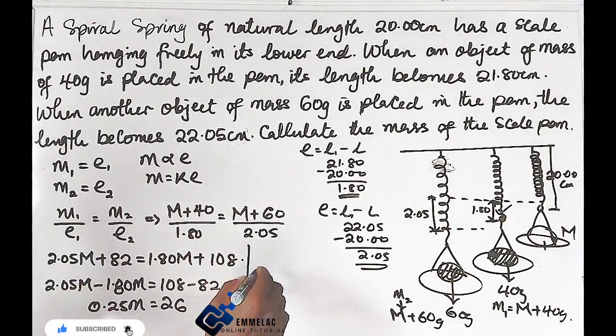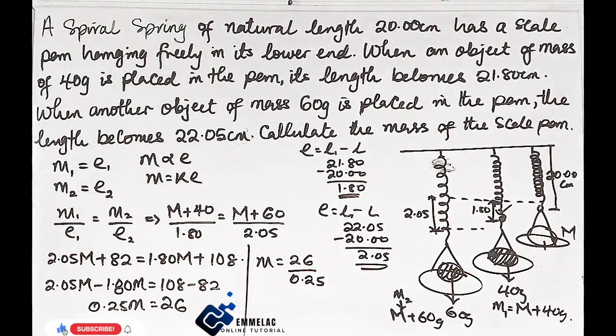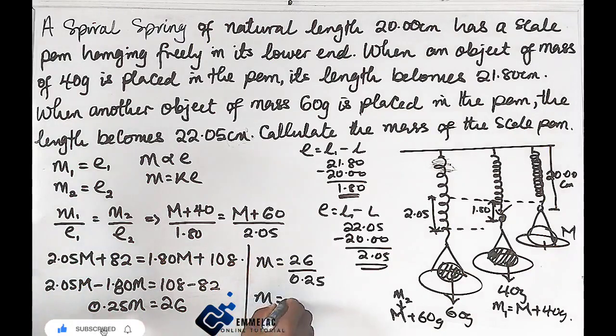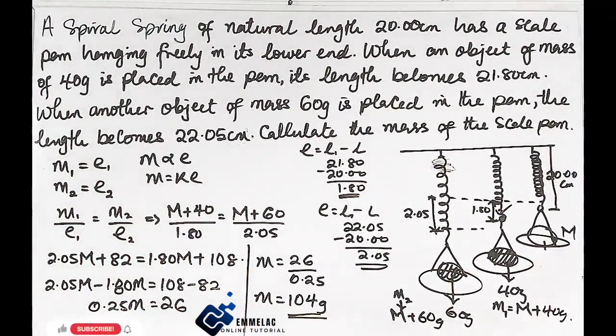Now if we divide both sides, making M the subject of the relation, we have 26 over 0.25, and when we divide through, we have that the mass equals 104 gram. So the mass of the pan is 104 gram.